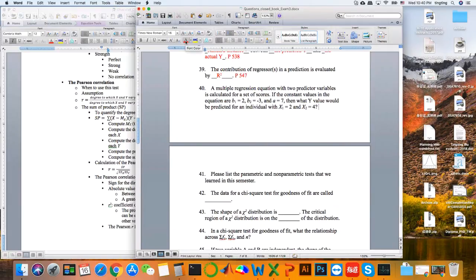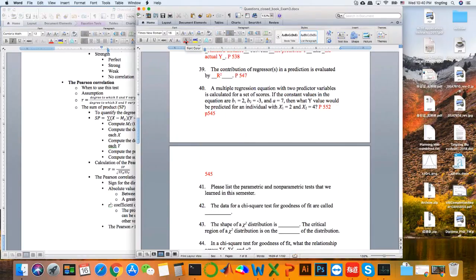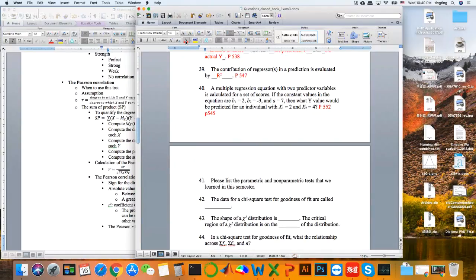This one is the learning check question at page 442. You can also check page 44 for its solution. It's just simple math: y equals b1 times x1 plus b2 times x2 plus a.